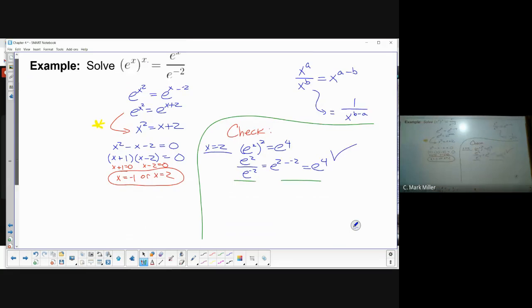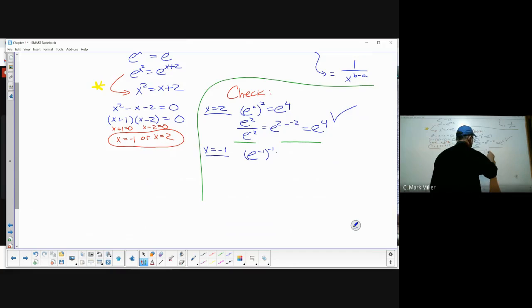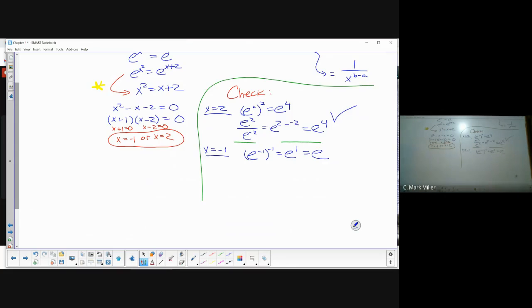x equals minus 1. I'm not going to check every answer, but just as a little encouragement for you to do this, especially on a test. e to the minus 1 to the minus 1 is e to the 1, which is e. Then I have, oh, careful here, e to the minus 1 divided by e to the minus 2.